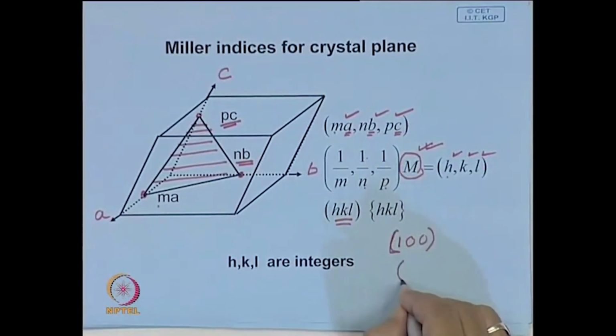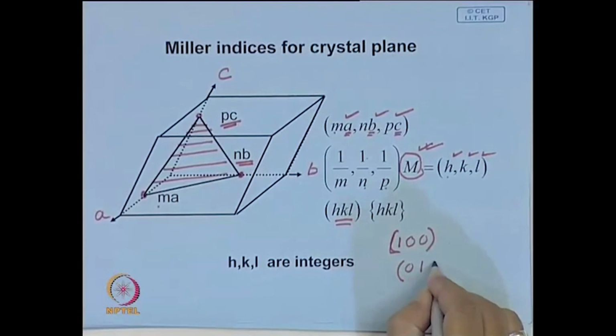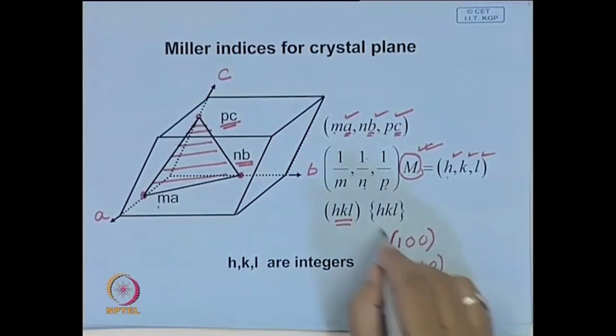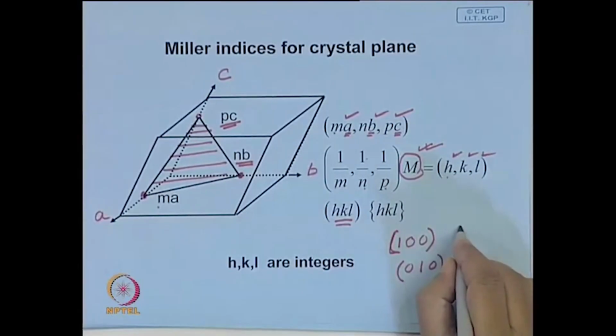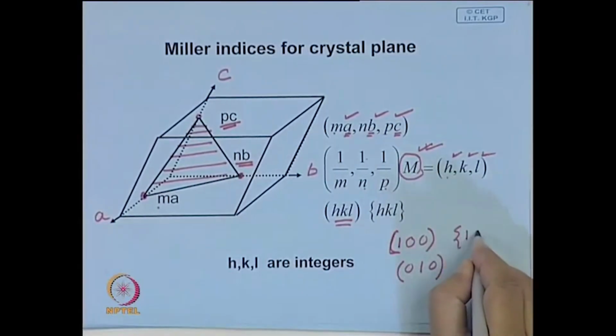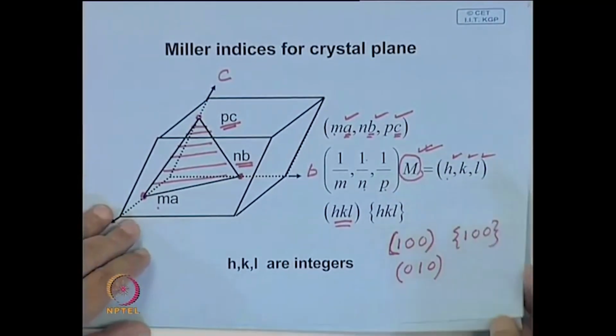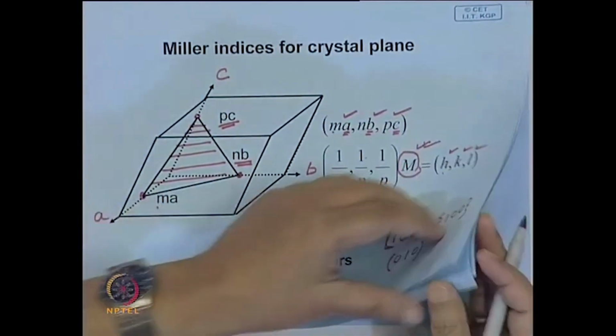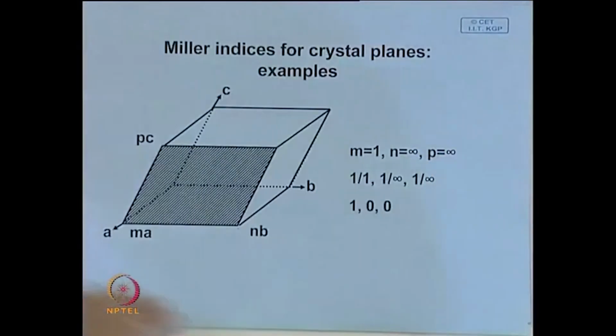You can also have another cube plane 0 1 0. So, they are all similar. So, we say that the cube plane will be represented by {1 0 0}, and this will be clear in the next one.